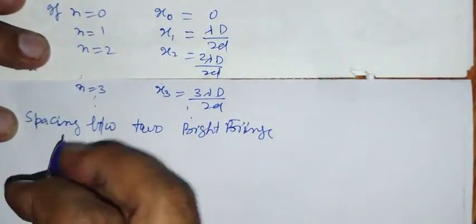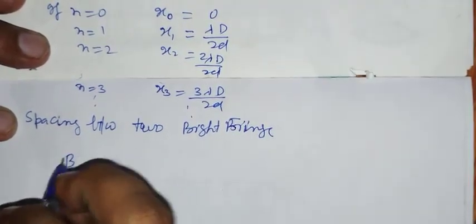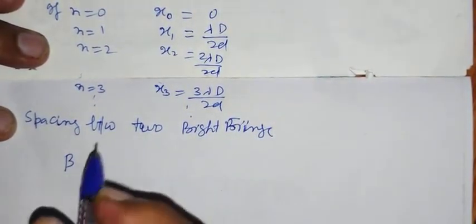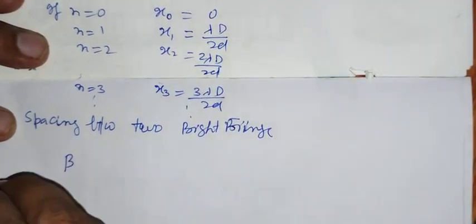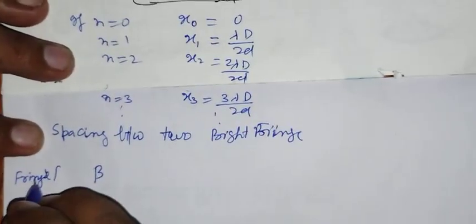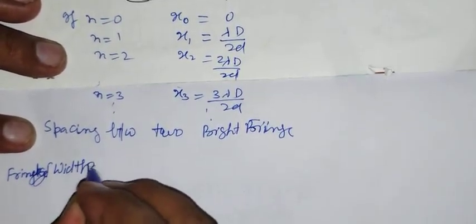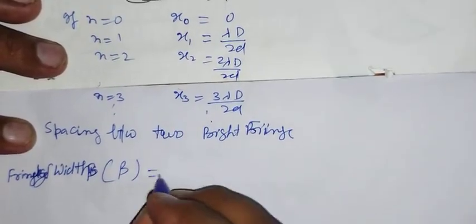What is this? The spacing between two bright fringes is known as beta. Between two bright fringes there is a dark fringe, so it is called the fringe width beta.